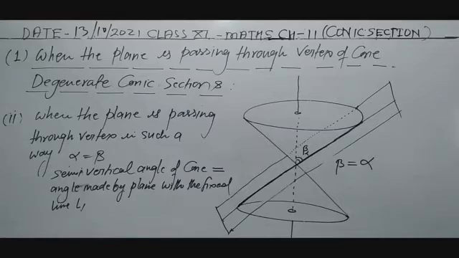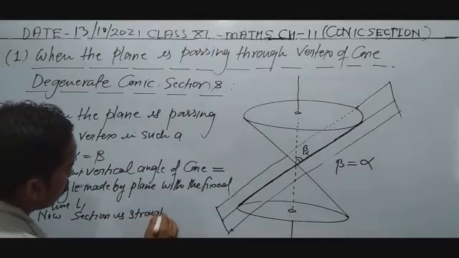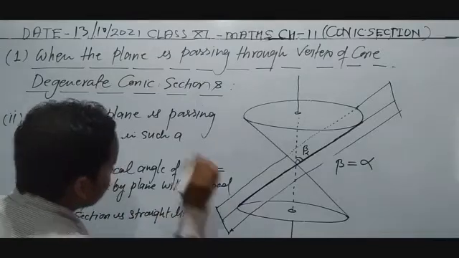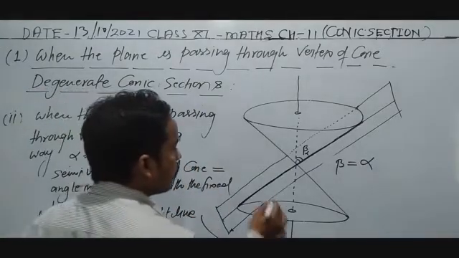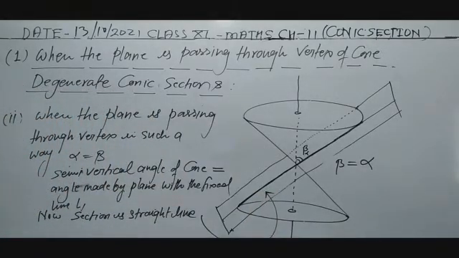The section of the cone is a straight line. This is the straight line.